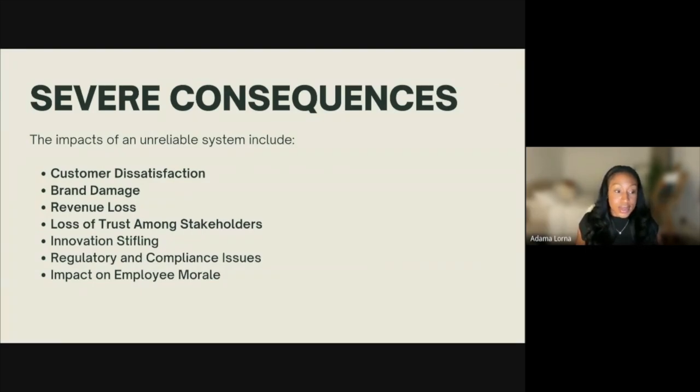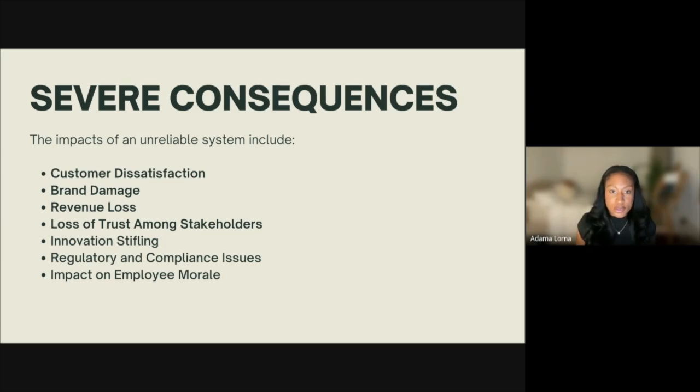becomes or is made. Customer dissatisfaction, which we've already spoken about, brand damage. If people know that they can't trust you, even with a website or an app, why would I trust you in terms of spending my money or my time with you? Revenue loss, of course, loss of trust among stakeholders. So if they're seeing that you can't keep your systems reliable, then they start to lose confidence in you and your ability to execute. Innovation stifling.